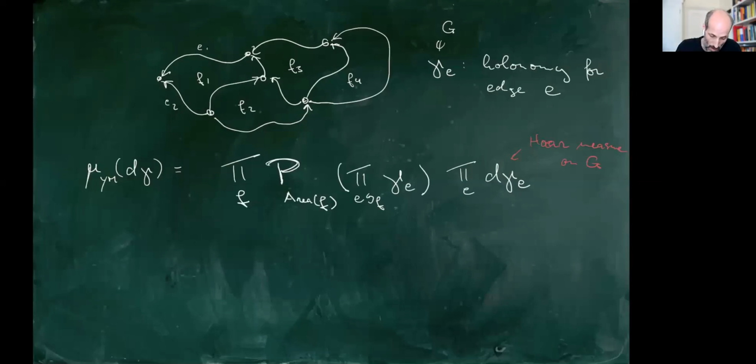And that's it. And then you just normalize. And the claim is that this measure here is your Yang-Mills measure.